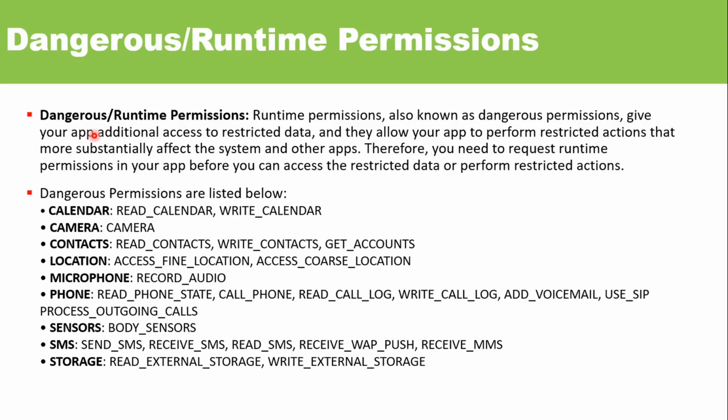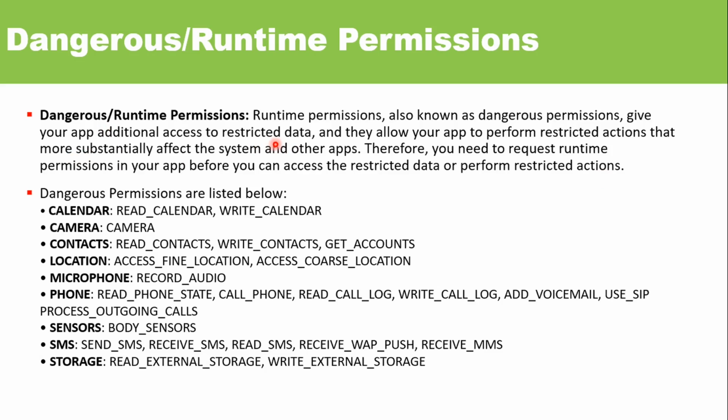Now let us move on to the dangerous or runtime permission. So runtime permissions, also known as dangerous permissions, give your app additional access to restricted data, and they allow your app to perform restricted actions that more substantially affect the system and other apps. Okay, so therefore we need to request runtime permissions in your app before you can access the restricted data or perform restricted actions.